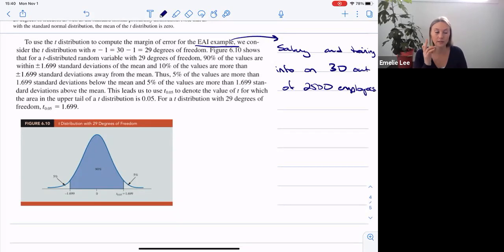Okay, just as a tiny recap. So if we have a sample of size 30, we can find the degrees of freedom, and that's just going to be n-1, which is 29.